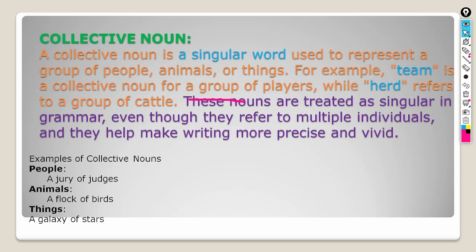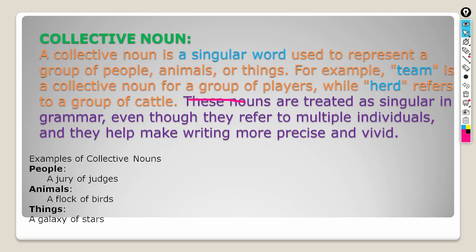The examples of the collective nouns are, when it refers to people, a jury of judges. The word jury here is the collective noun. Regarding animals, a flock of birds.